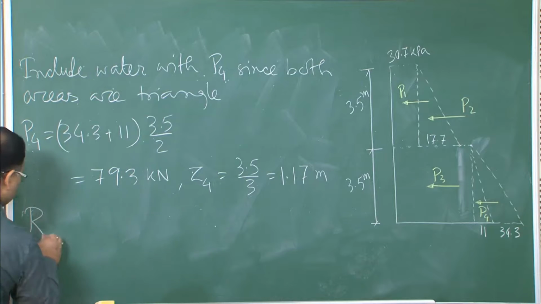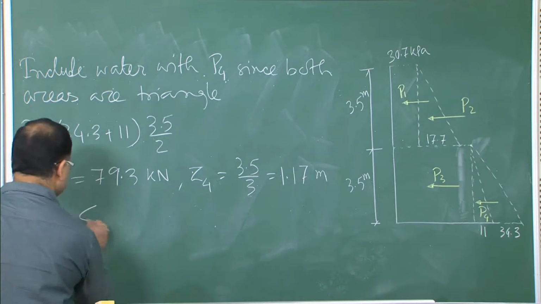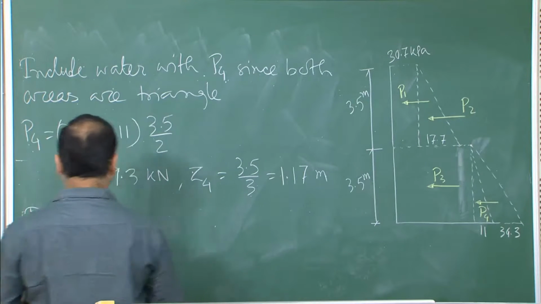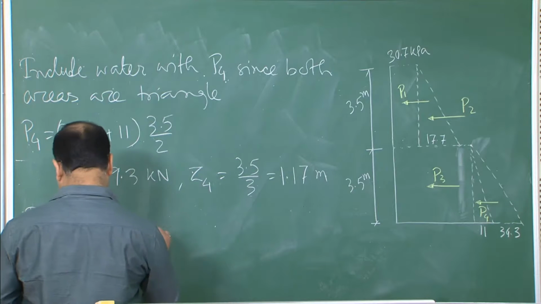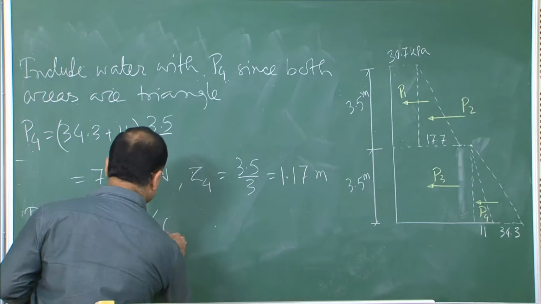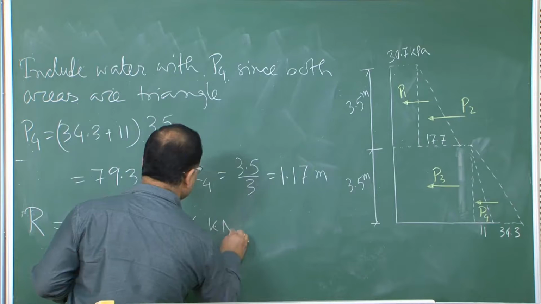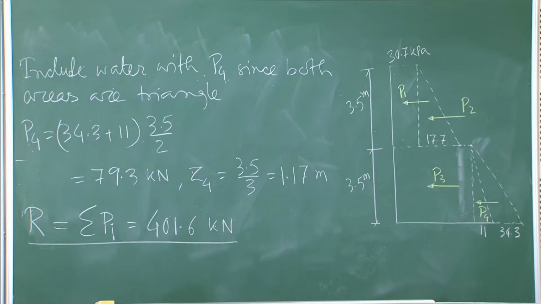So, the resultant thrust R is equal to summation of Pi, which is P1 plus P2 plus P3 plus P4. If you do that, you will be getting 401.6 kilonewton. So, that is one of the answers. Okay. Have you got it?